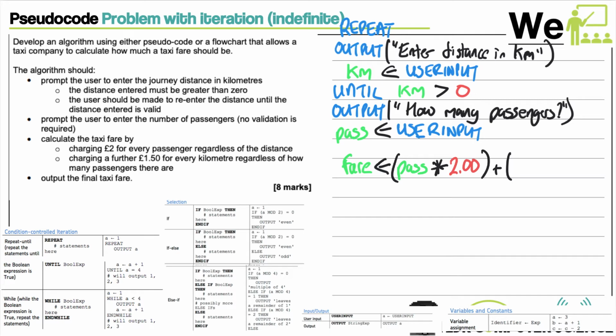So plus kilometre times by 1.50. I'll be honest with you guys, I really thought I was going to run a bit low on space. And then finally output, plenty of space in the end, output fare. And that'll be the calculation of the fare. I think it was a lot easier than the last one, to be honest. I guess it's 1 mark less.